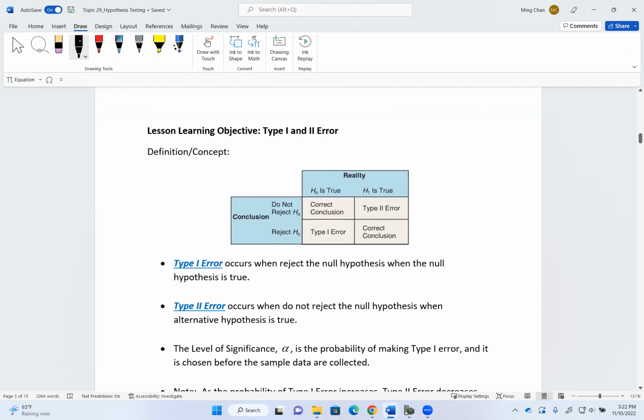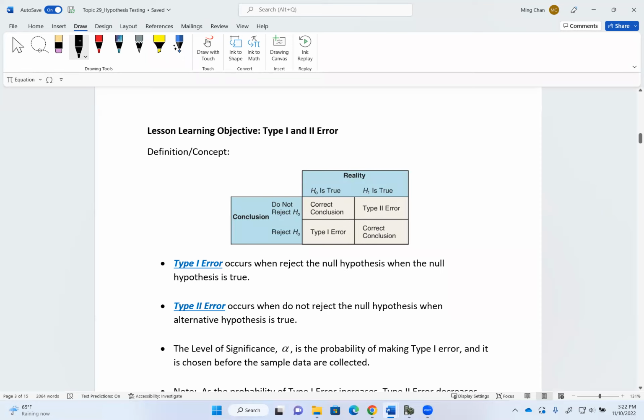A type 1 error occurs when we reject the null hypothesis when in reality the null hypothesis is true. So here's reality on top, and on the left here is the conclusion. If the null is true and we do not reject, then that's a correct conclusion.